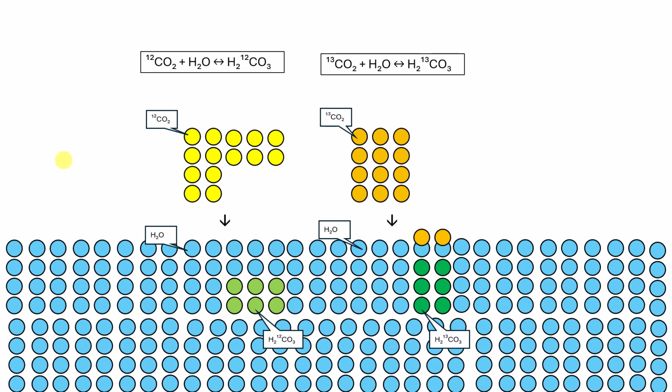So whatever amount that 12CO2 reacted with, 50% of it was, so to speak, unsustainable and broke off just as quickly as it was made. And even though only 8 molecules of 13CO2 reacted at first, only 2, that is 25%, broke off.